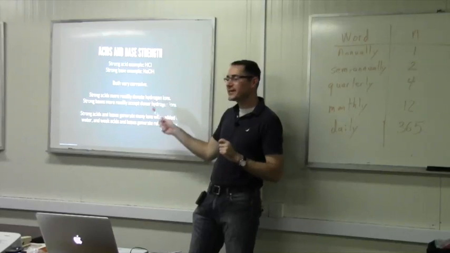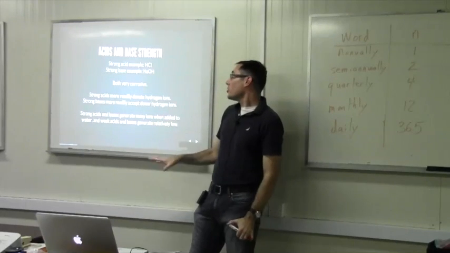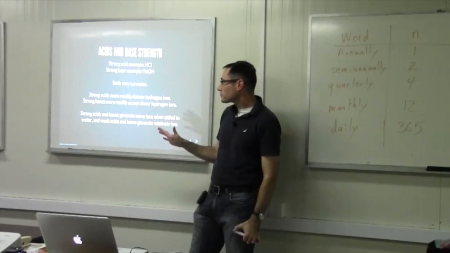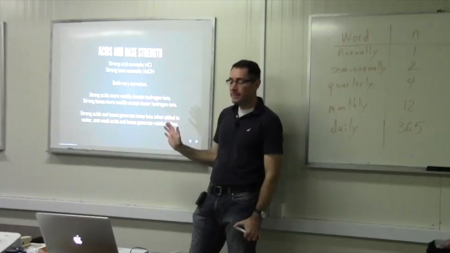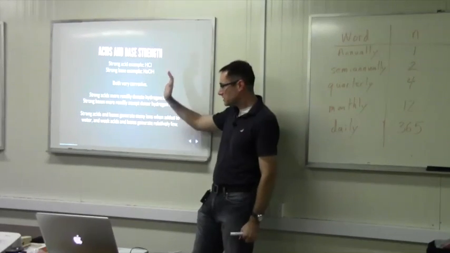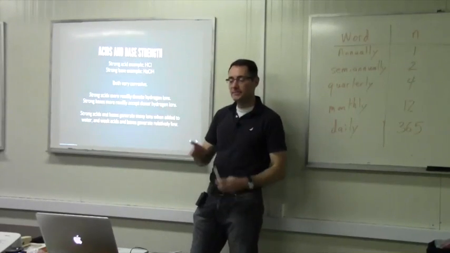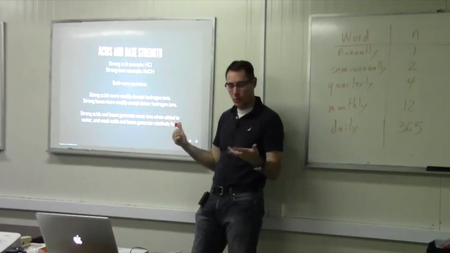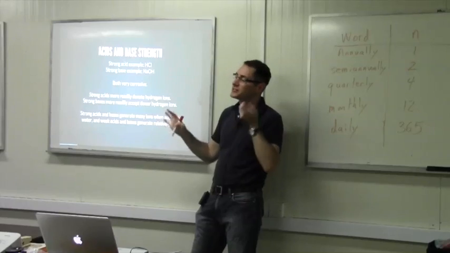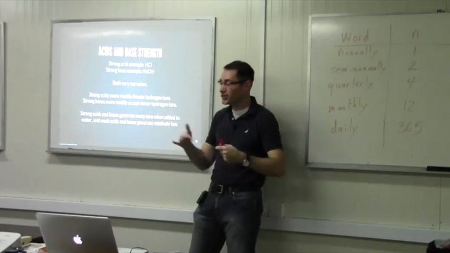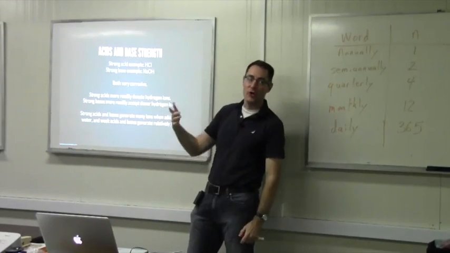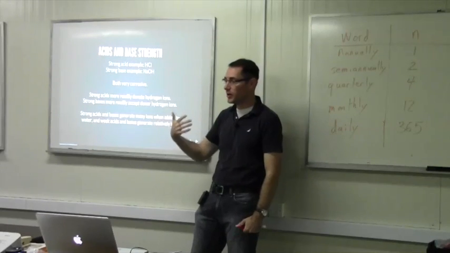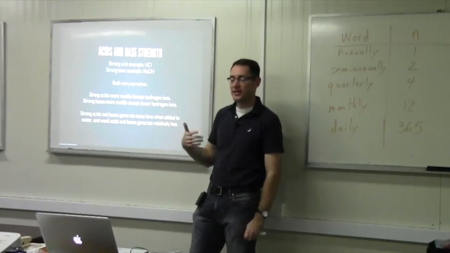So that's the difference. Let's just say for now, strong acids and bases generate many of these ions when they're added to water. Weak acids and bases, not so many ions, meaning they don't do so well at the whole donating or accepting of hydrogen part. They do all right, but not so great.